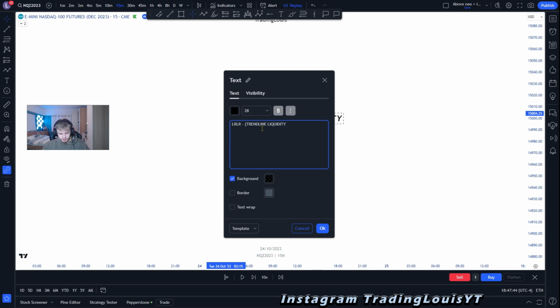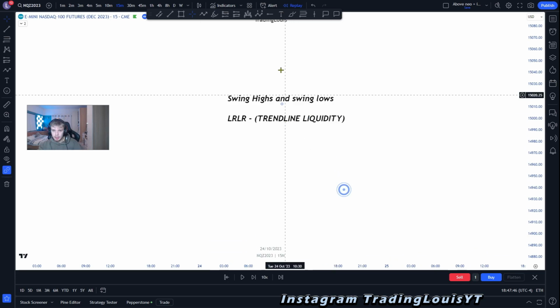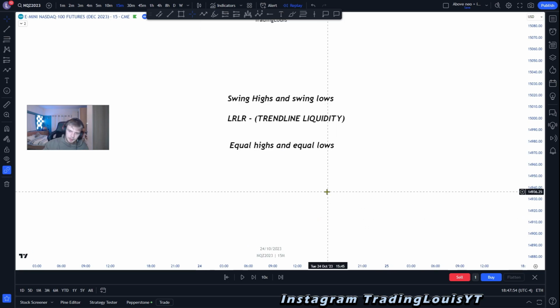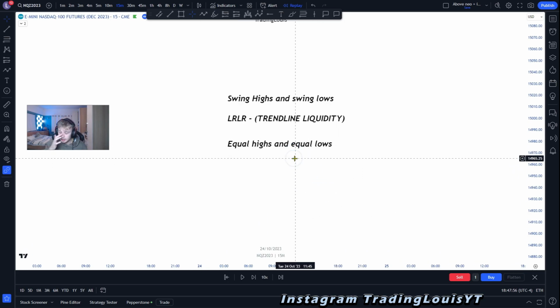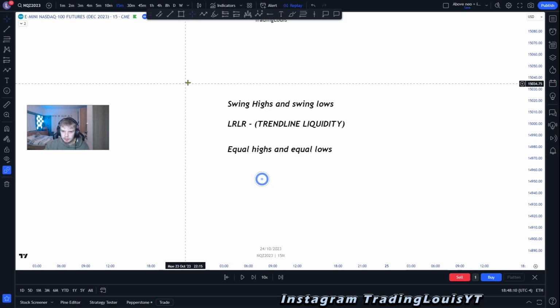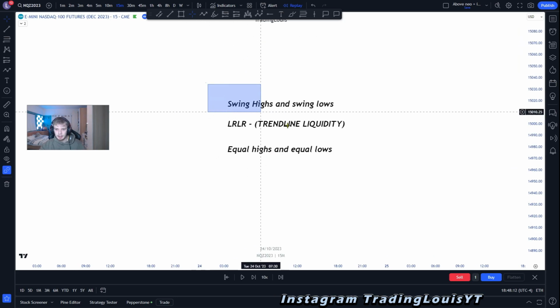And then you have equal highs and equal lows. Then when you get a bit more into it, you can start adding different types of liquidity, like time liquidity, so aiming for the 9:30 a.m. liquidity, aiming for London liquidity. But right now we're just going to focus on these three main ones.